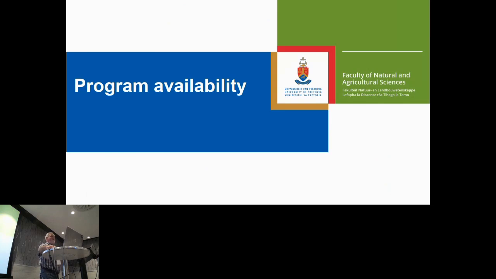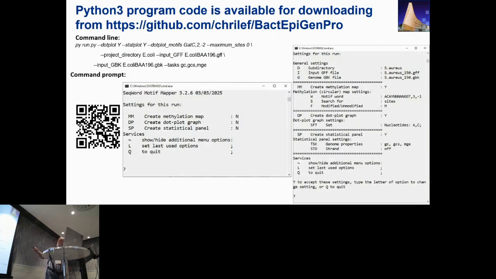Okay, program availability. You can find the program at GitHub. There is a link. You can run the program after you download it using the command line. You can see here the motif is set to GATC, true, expected to be methylated, minus true at the opposite strand. And you have to provide the path to GFF, GBK files. If there are no arguments, the program will show you this command line menu.